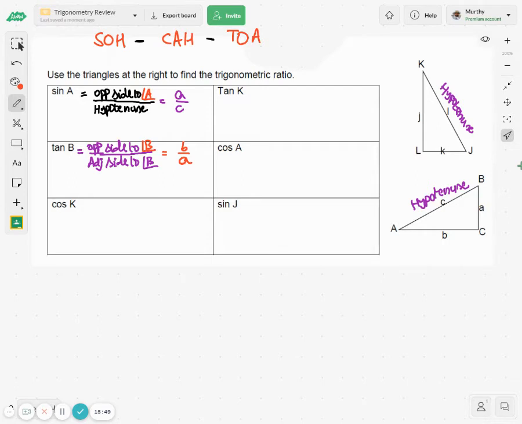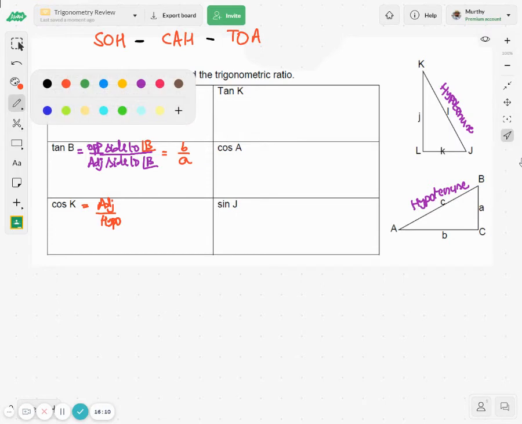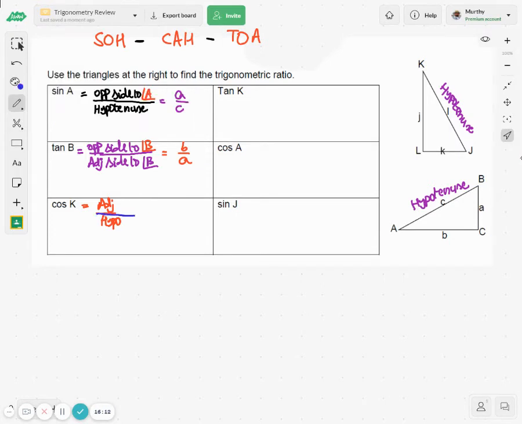Next, coming to cos K. So again, Sohcahtoa, CAH, therefore cos equals, you know the rule, adjacent over hypotenuse. But please elaborate in order to avoid mistakes.